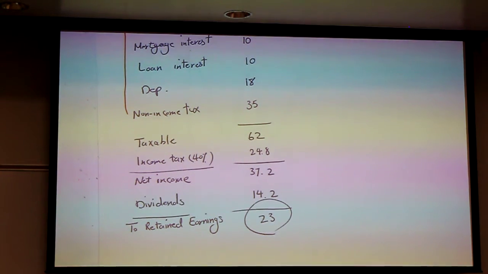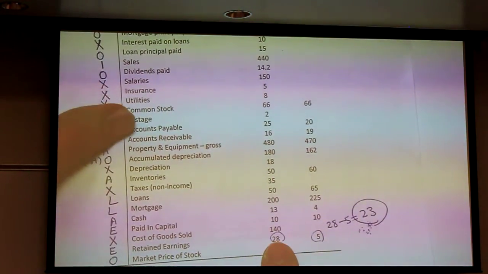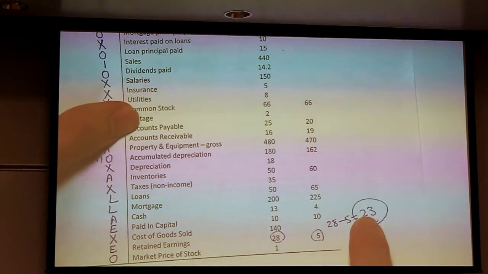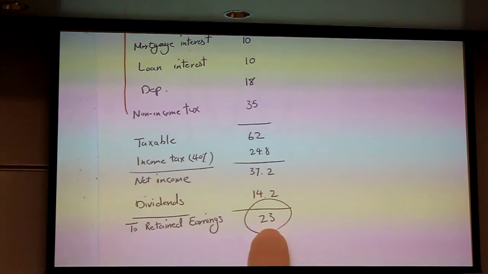So I'm good, because I have 28 minus 5, 23. And I got 23, so I'm good. That is the test for the income statement.